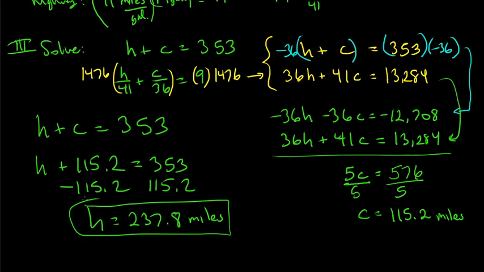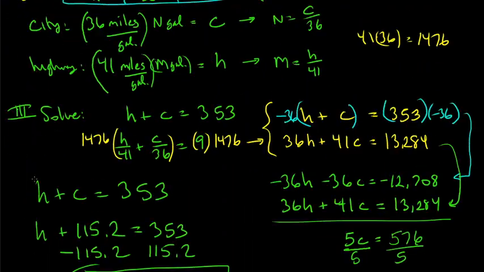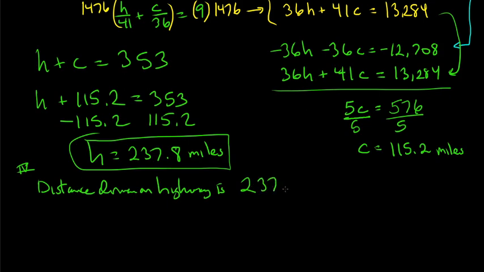So that's the distance driven on the highway. So the distance driven on the highway, just to finish the problem, is 237.8 miles.